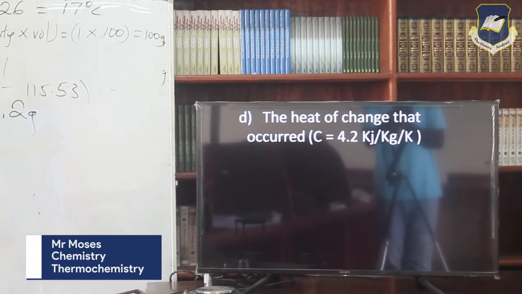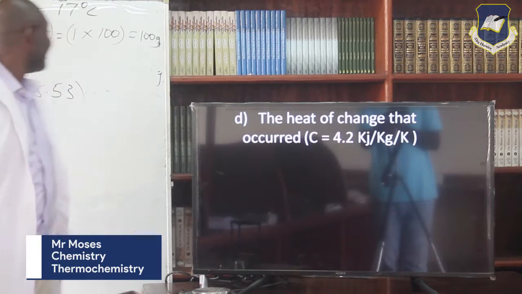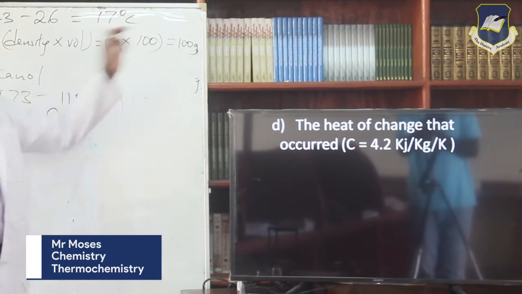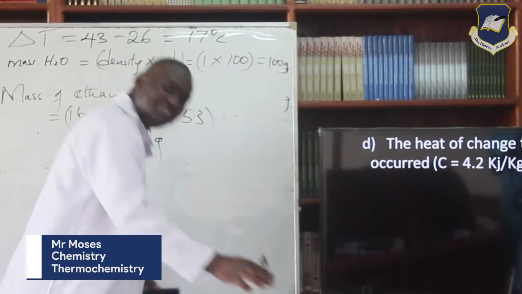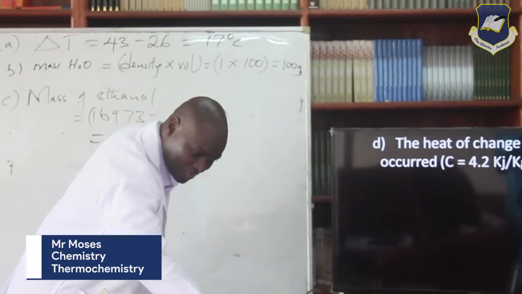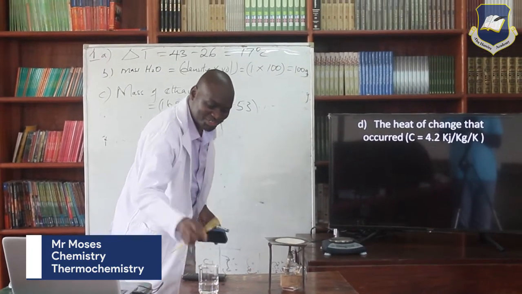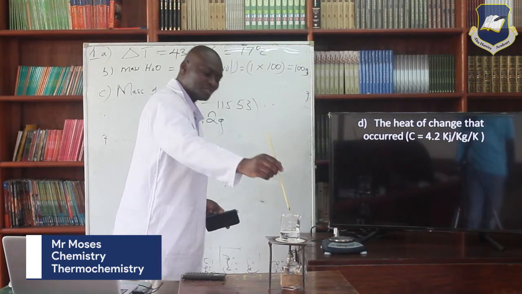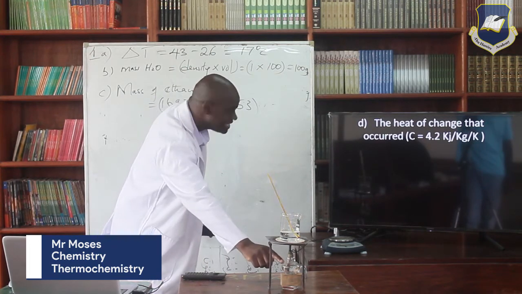And last time I said, if this specific heat capacity is per kilogram, then our mass must be in kilograms, so that the two values must agree. Remember, the heat from the ethanol, which was here, was being transferred to the water. So the temperature change was the temperature of the water, not the temperature of the ethanol.